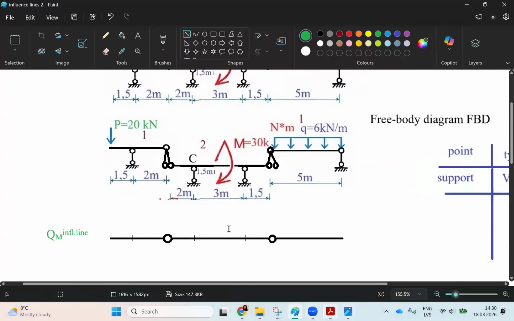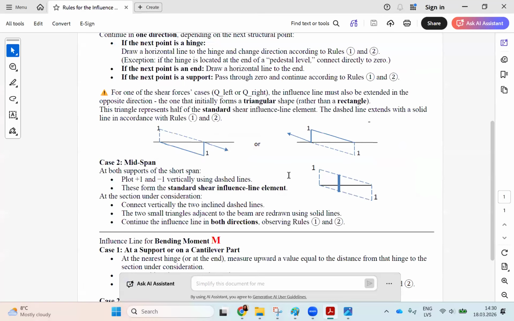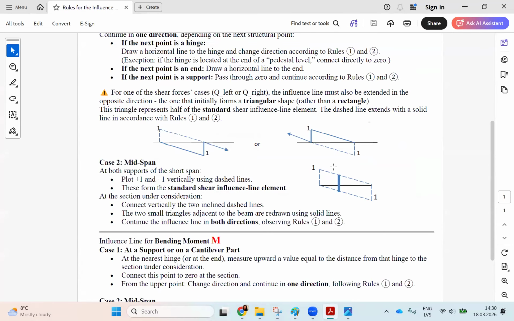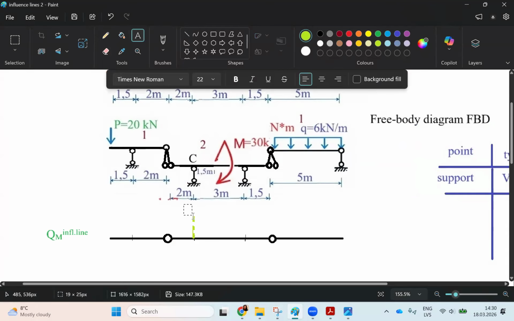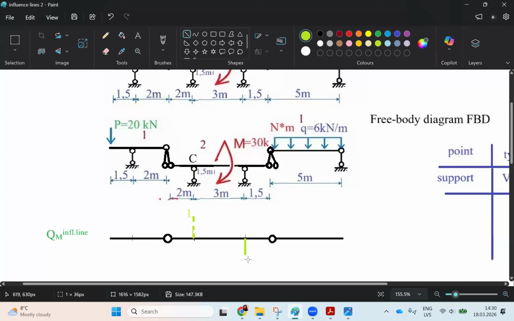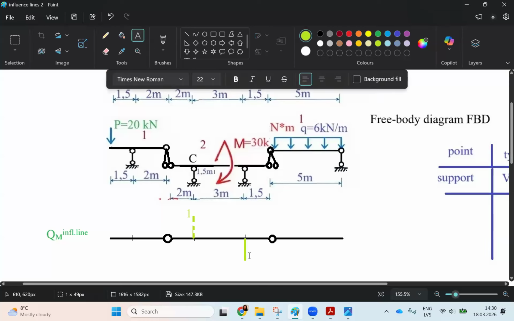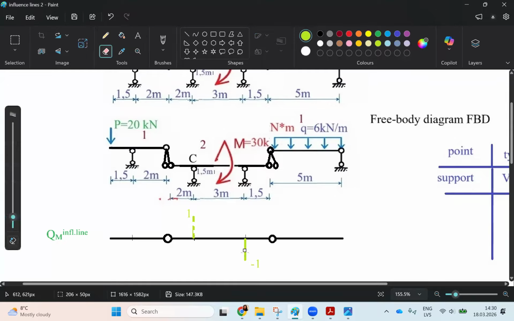Okay, about the shear force influence line. We should make this base system standard shear influence line element. It's always with dash line, actually. Always like this, positive left side and negative right side. So it's positive 1 and this is negative 1, with the dash lines.